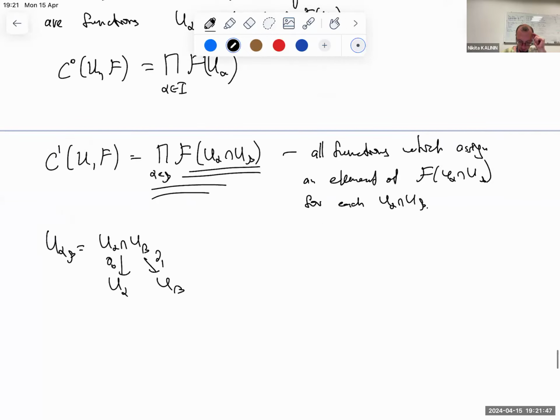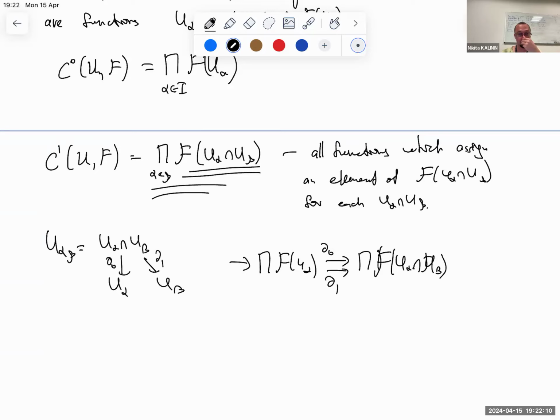And because we have a presheaf, that gives us maps: when you have this product of F of U alpha, we have two maps to the product of F of U alpha intersect U beta. Let me denote them by the same letters.